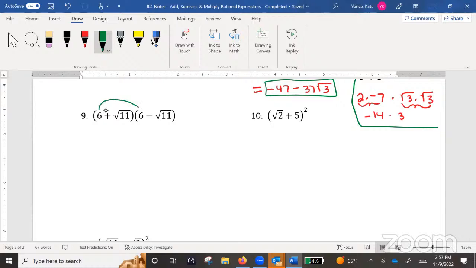So what is 6 times 6? Okay, 6 times 6 is 36. What is 6 times negative square root of 11? Yeah, negative 6 square root of 11, right? Negative 6 square root of 11.